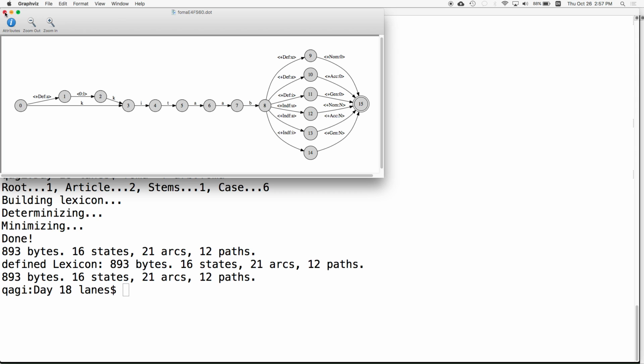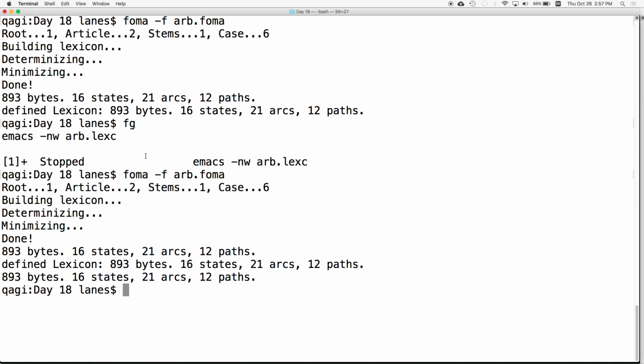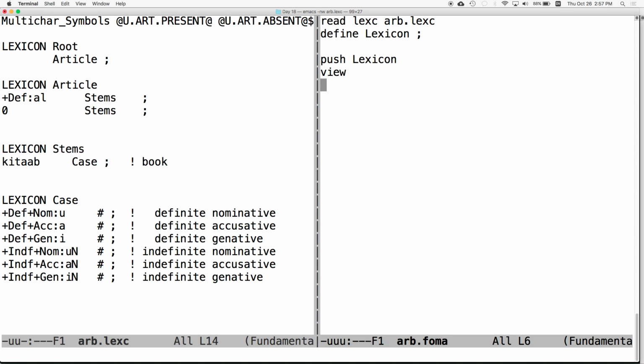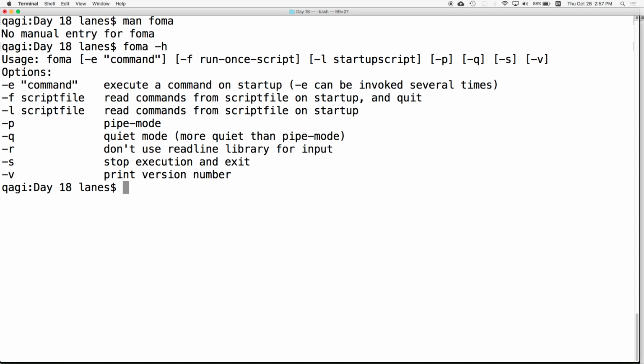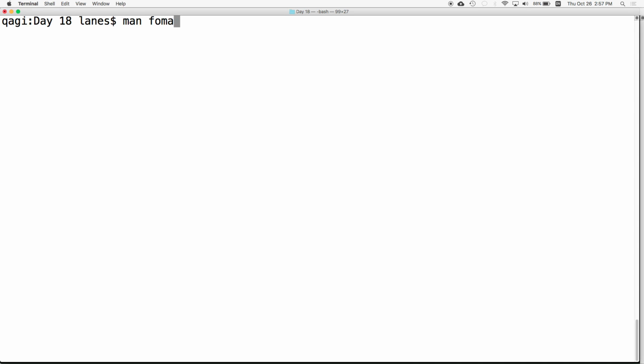Or if we didn't want to do that, how could we do this at the command line, which we talked about last time, if I didn't want those things in there? -e, so I could do foma -e push lexicon -e view.